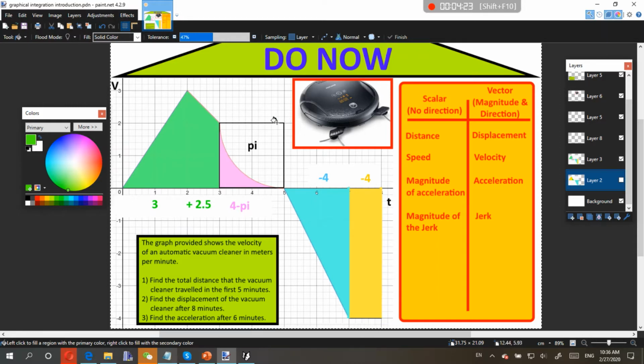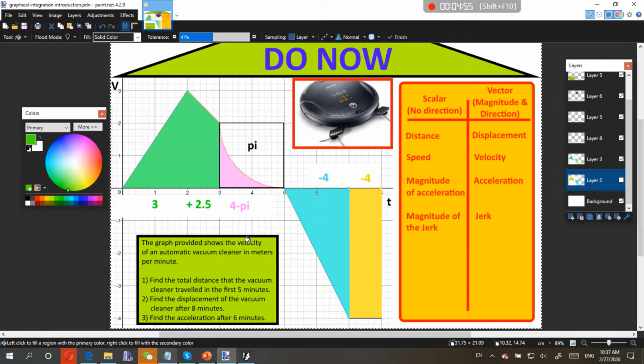And then this is 1/4 of the area of a circle with a radius of 2. The circle with a radius of 2 would be pi r squared, which is 4 pi. 1/4 of that is pi. So in pink is 4 minus pi. Okay, in blue, this is 2 by 4, which is 4 units, and it's below the x-axis. This is negative. And then in yellow is another 4 units, negative.